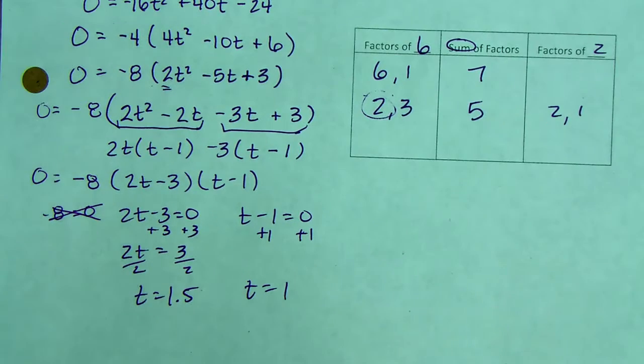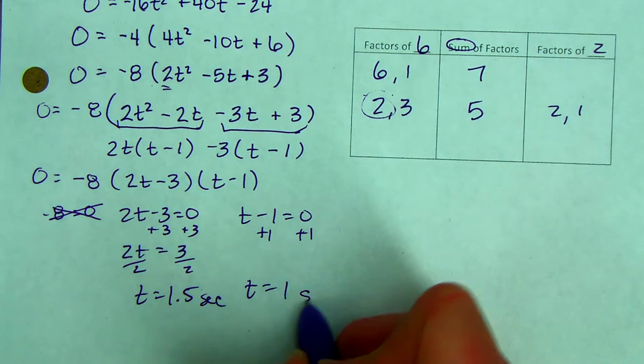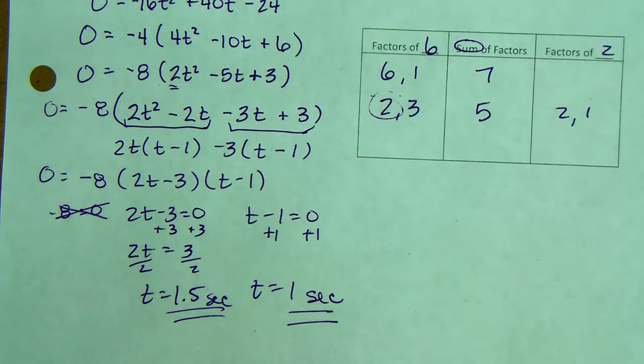So we have to think about this. If you throw that ball or kick it, throw it up in the air, and it goes up and then comes down, and on its way down it lands on the top of the building, which is the answer we are looking for? Because it's going to be at 34 feet twice. It's going to be at 34 feet at 1 second and at 1.5 seconds. And the answer is the 1.5 seconds, because we want to know when it's going to hit it on the way down.